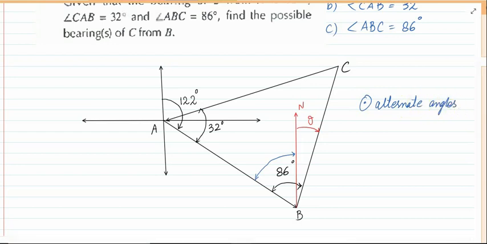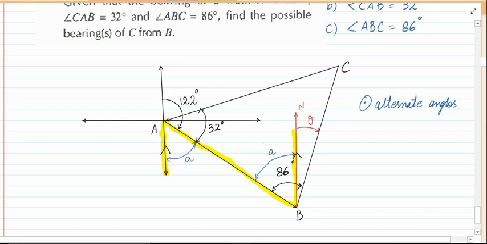And how? So first, for you, I am going to highlight the Z. That is the Z property that I am going to apply, right? We can apply Z here because we know that all the north lines are parallel to one another. So if this angle is A, let's say, then this angle is also A. Now the second question, how do we find the value of A? It's very simple.